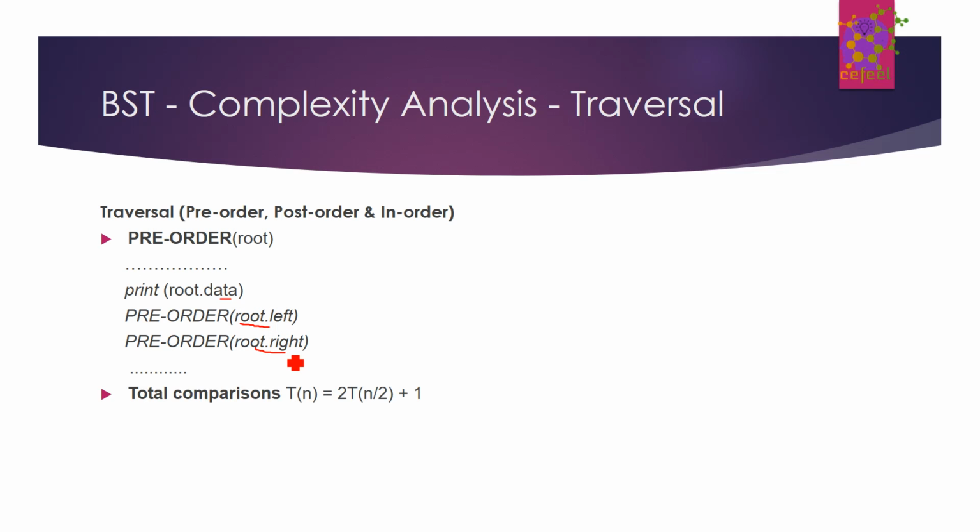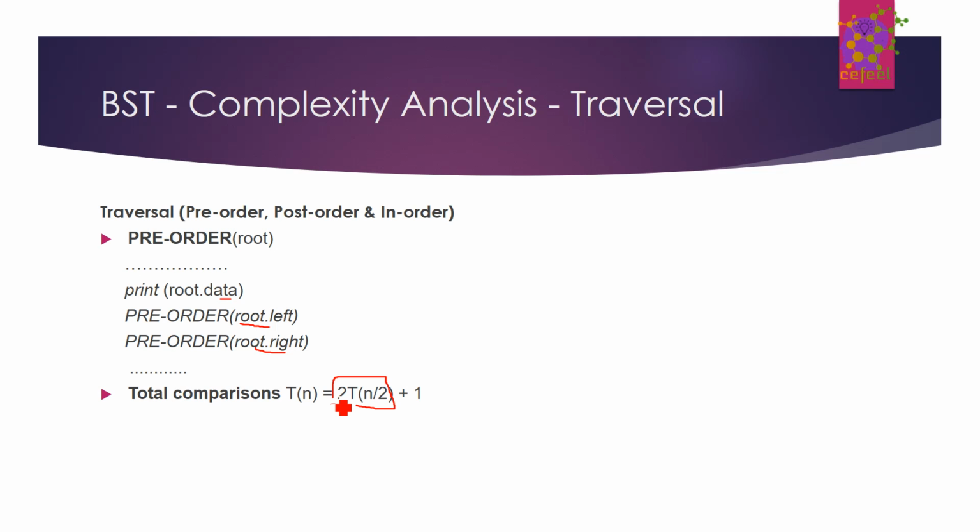Since it's a recursive call, we can easily compute the complexity by using a recurrence relation. If T(n) is the complexity of pre-order, then if you notice there are 2 calls made to pre-order, due to which it is 2T(n/2). Why? Because effectively we are halving the number of nodes.